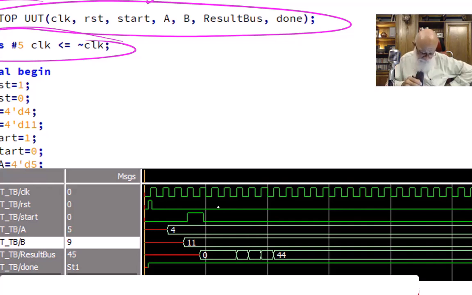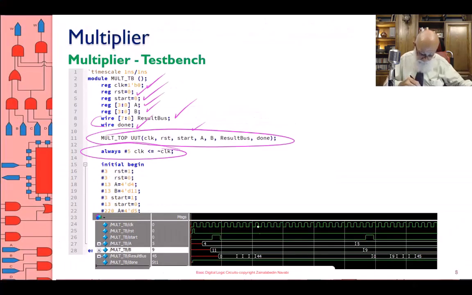And it takes 4 clock cycles after start: 1, 2, 3, 4. After start, the next rising edge is ignored because it only sees the 0 start.